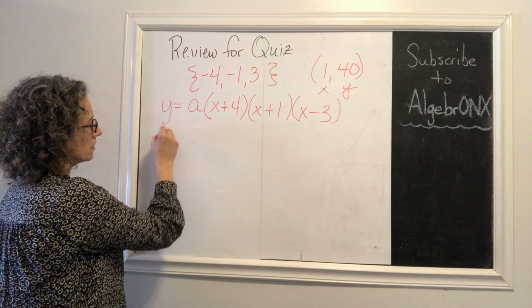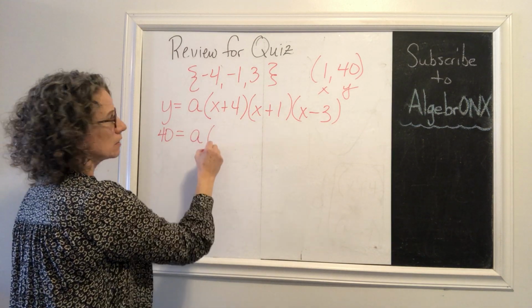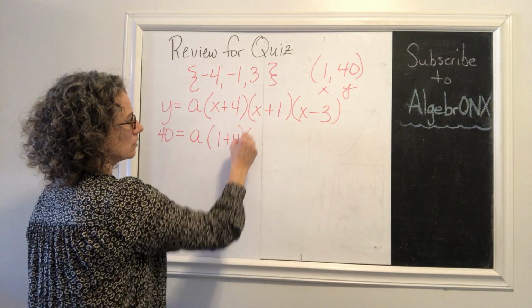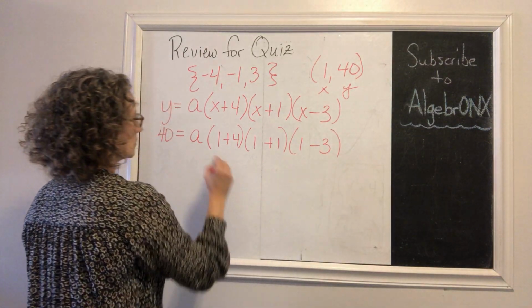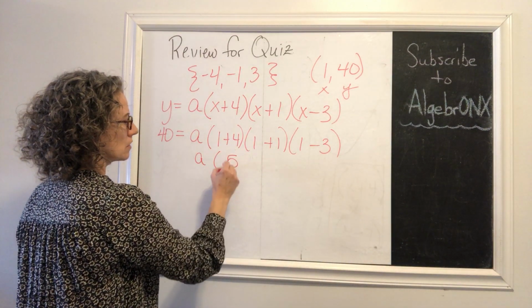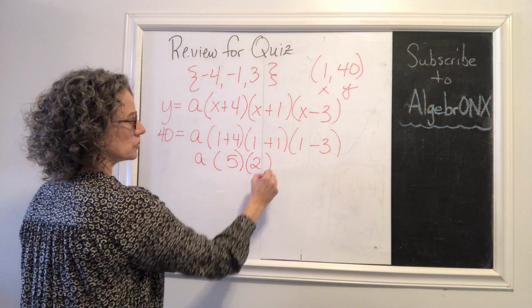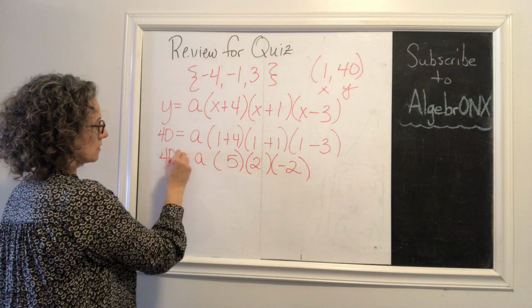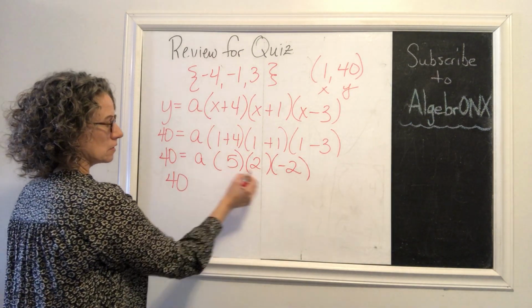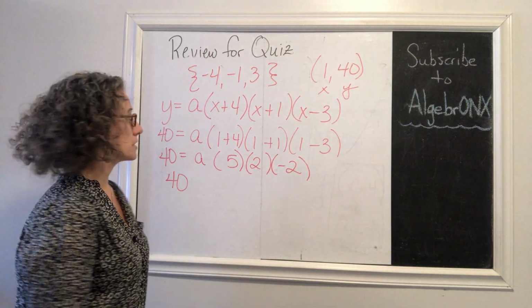So 40 equals a times (1 plus 4), (1 plus 1), (1 minus 3). So it's a times 5 times 2 times negative 2. 40 equals, that's 10 times negative 2, which is negative 20.